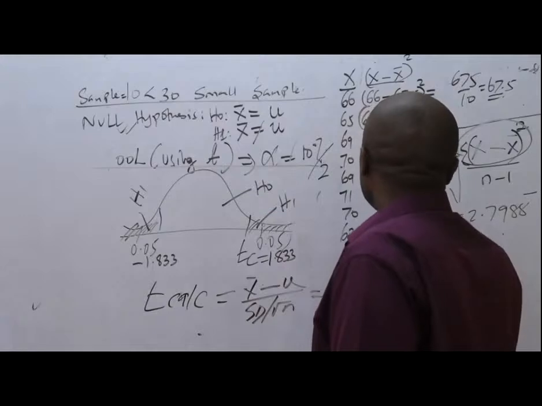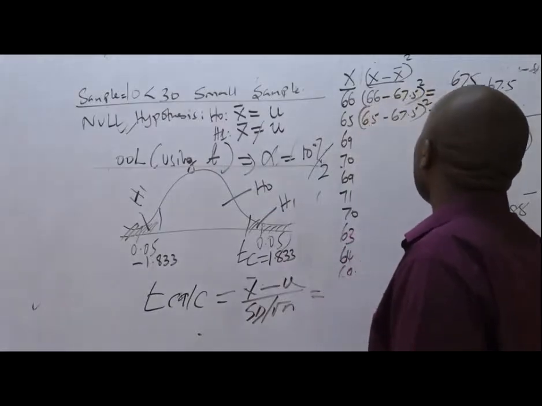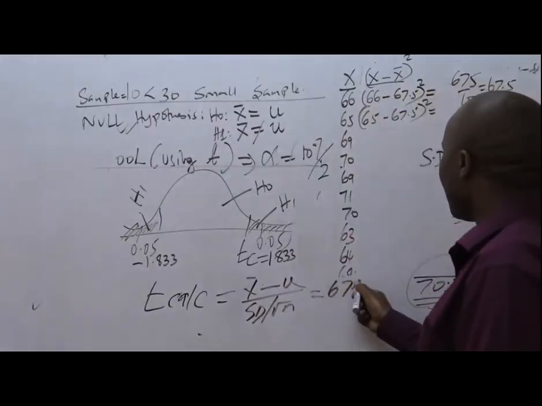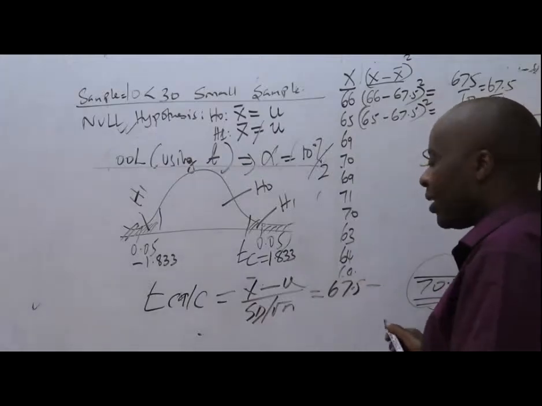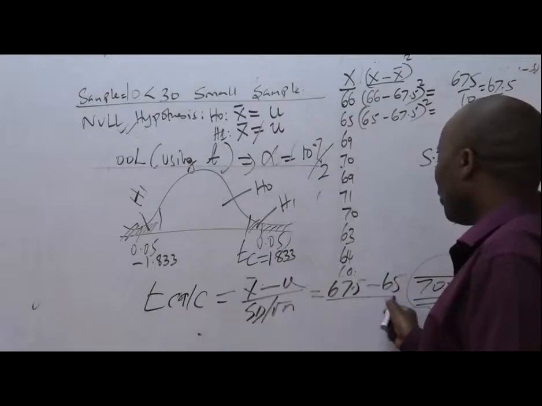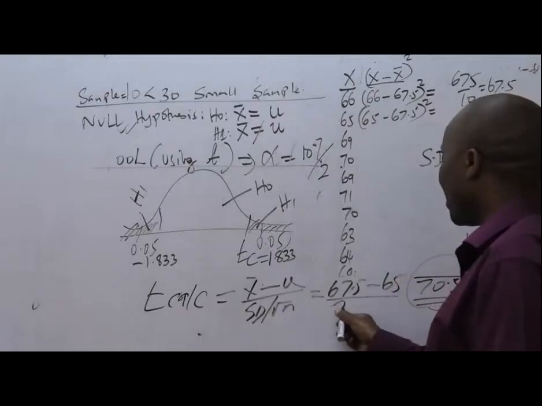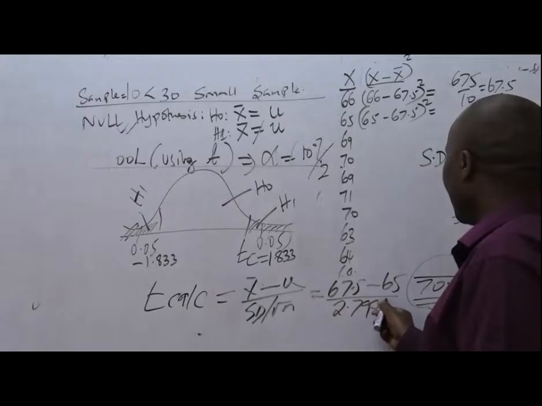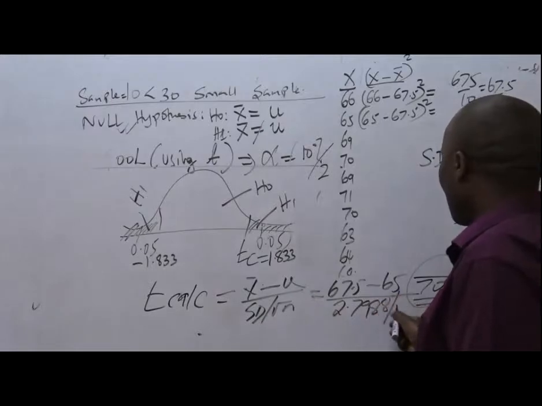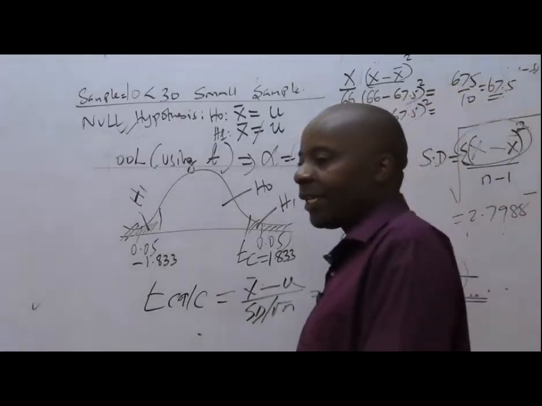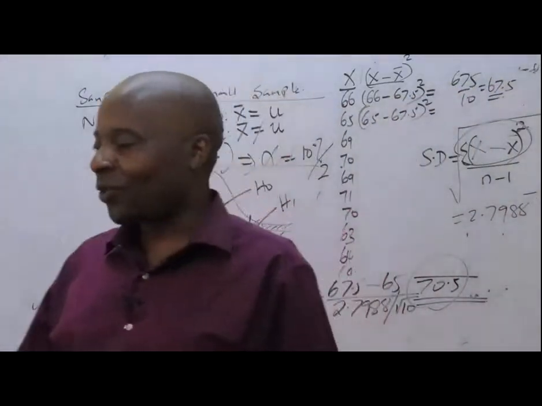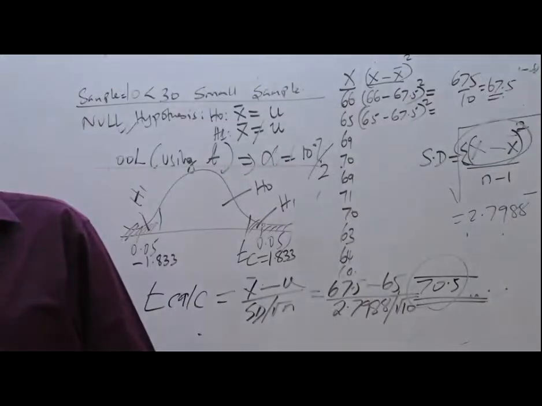So it will be X bar, which you got as 67.5, minus the mean mu, which is 65, all over the standard deviation that you gave me as 2.7988, all over square root of 10.